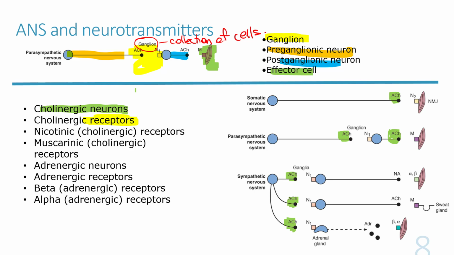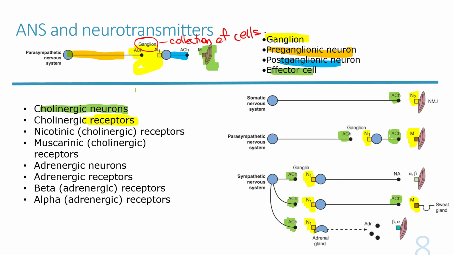Now, cholinergic receptors are what the acetylcholine binds to. You can see N2 over here on the somatic nervous system and N1 on the postganglionic neuron, so it binds the acetylcholine being released by the preganglionic neuron. Then you've also got M, muscarinic receptor subtypes, on the postganglionic neuron of the parasympathetic nervous system, and also, as an exception, on the sweat gland innervated by the sympathetic nervous system.